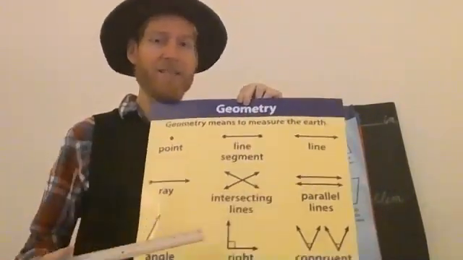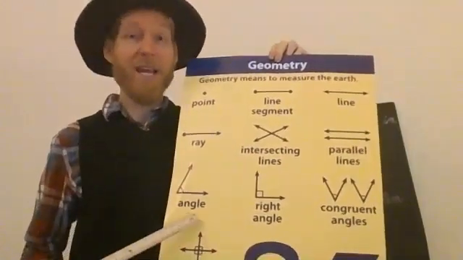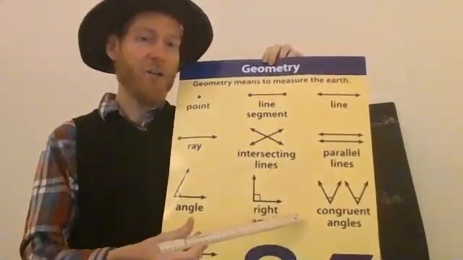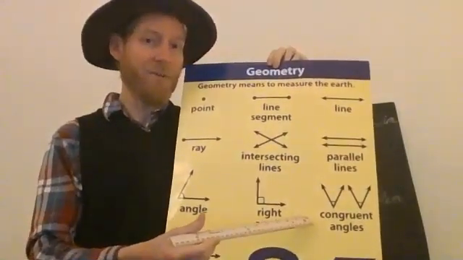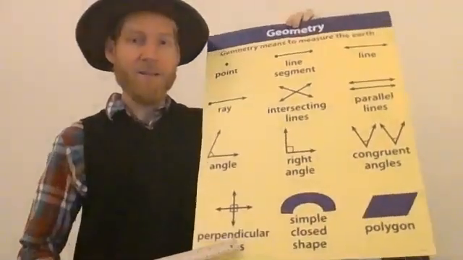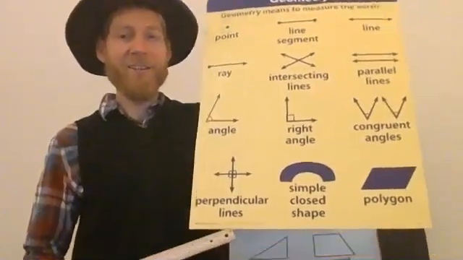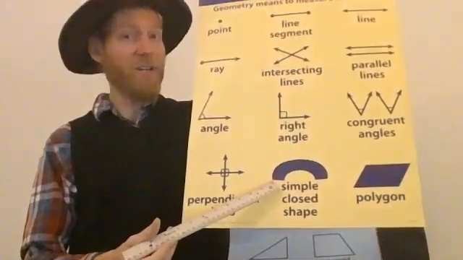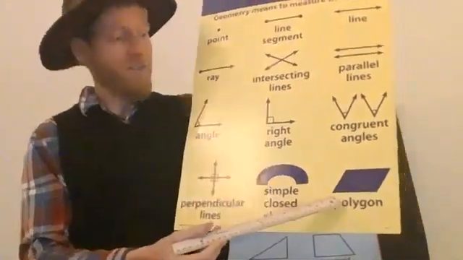They're both running the same way. Then we have angle, right angle, congruent angles, perpendicular line, a simple closed curve, and just a polygon.